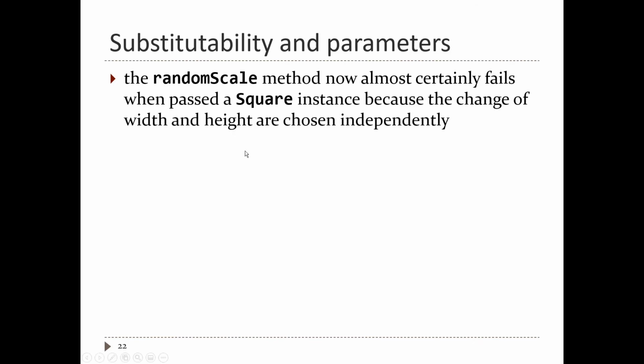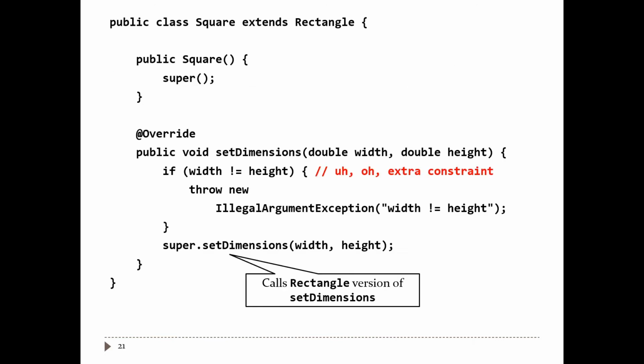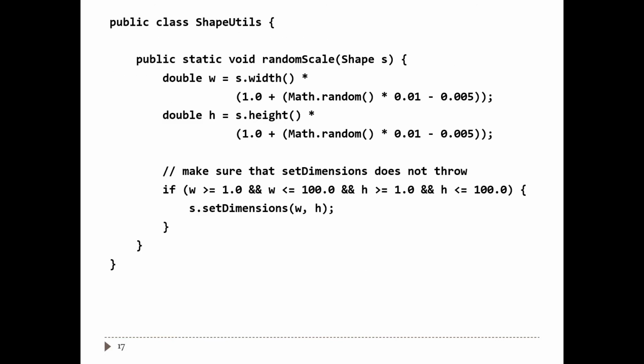All right, now what's the problem with the Square class? The problem with the Square class is that it causes the randomScale method to fail, because the randomScale method chooses a new random width and height for the shape S. With near certainty, Math.random is not going to return the same value twice in a row.